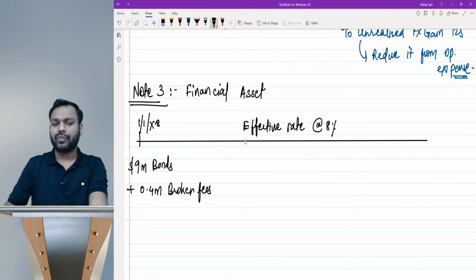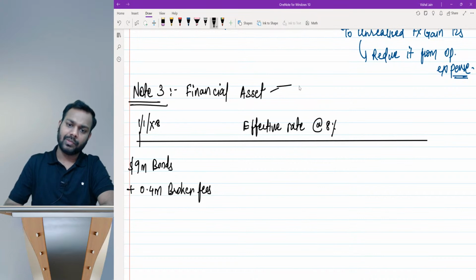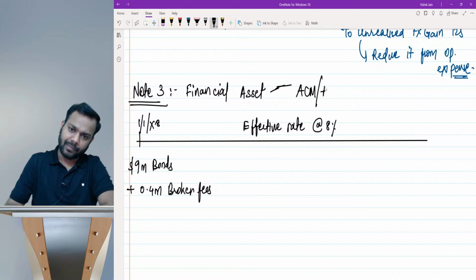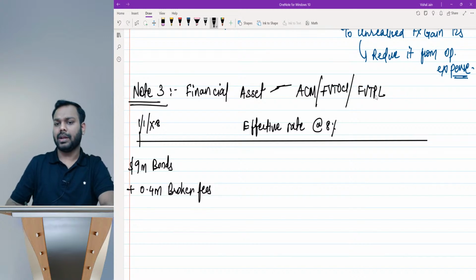Now the question is, first you have to classify whether this financial asset will be classified as per amortized cost method, or FVTOCI, or FVTPL, right? Now what is the characteristic?